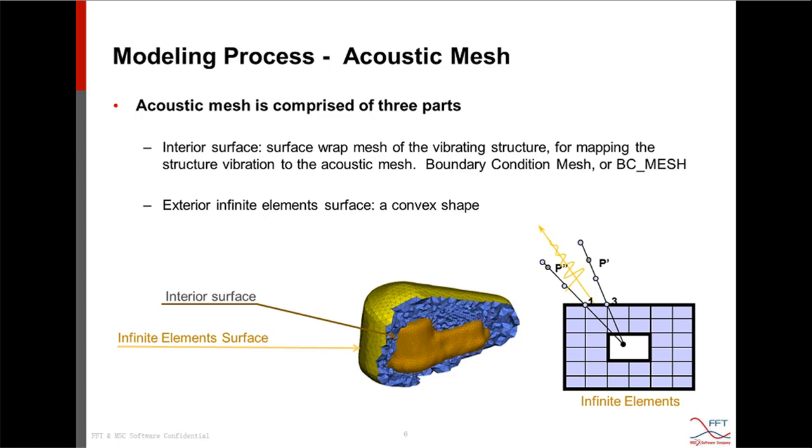The second purpose of the infinite element is to accurately predict results in far field where the acoustic mesh does not exist. And between the infinite surface and the BC mesh surface, we will fill the volume with acoustic volume elements.